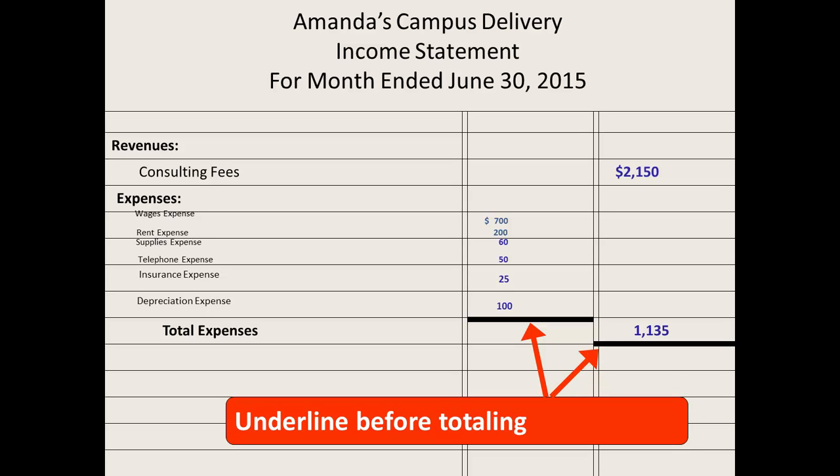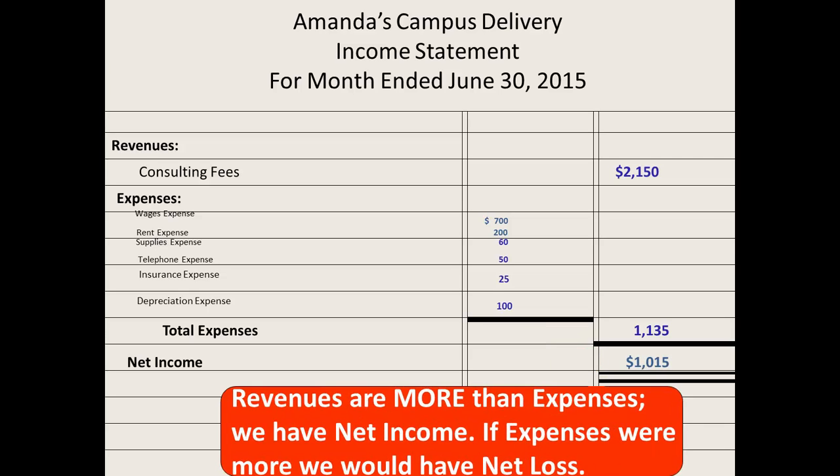I'm also now going to subtract those total expenses from my total revenues that are above it, so I'm going to put an underline under the 1135. Now I put the words net income. Since my revenues are more than my expenses, the 2150 is more than the 1135, when I subtract the 1135, I have a positive number, 1015.